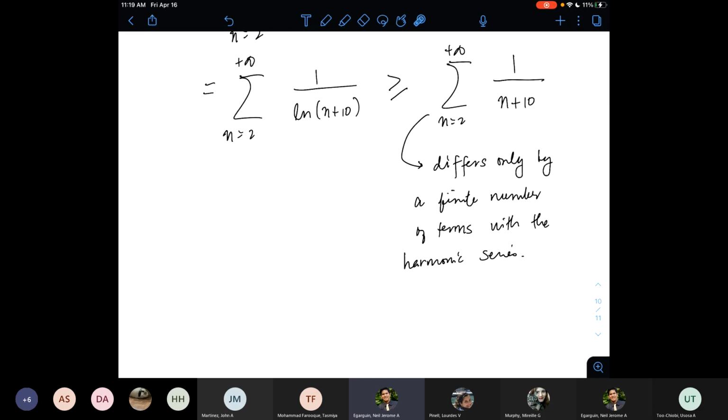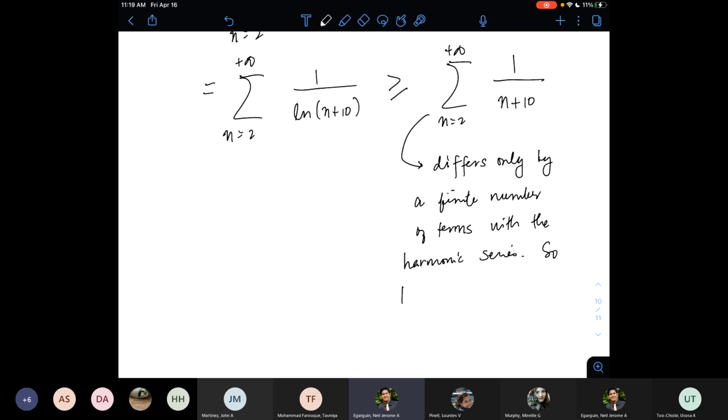They will only differ in the first 12 or first 13 terms. But the point is they differ only by a finite number of terms, so they will have the same behavior. It's a harmonic series, so that is divergent.